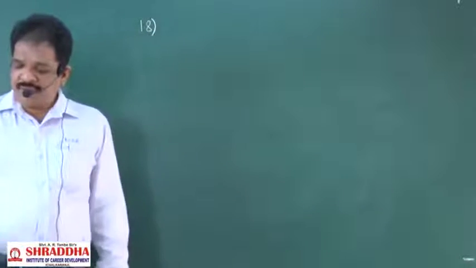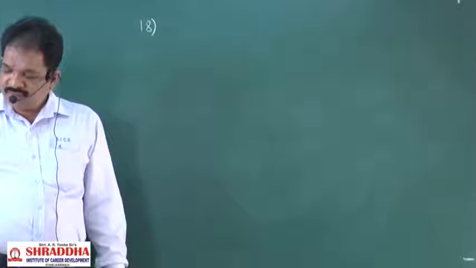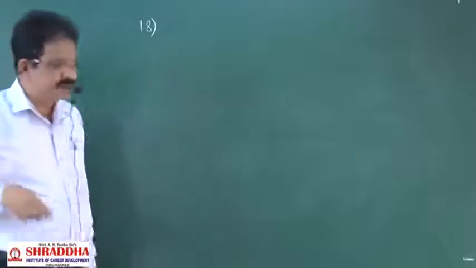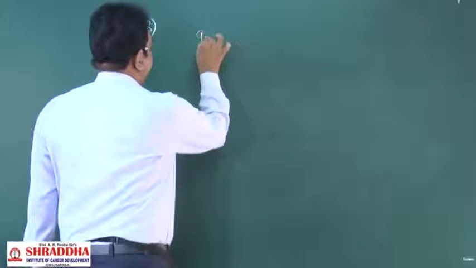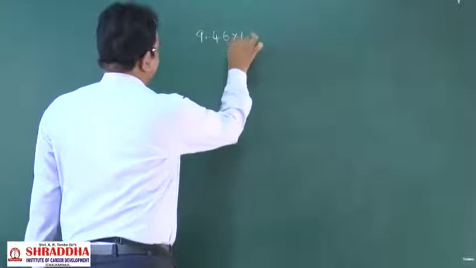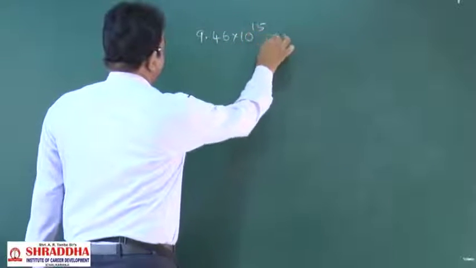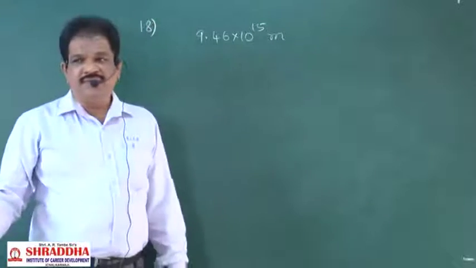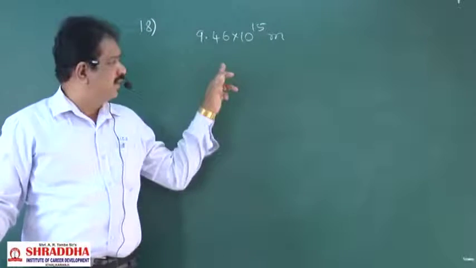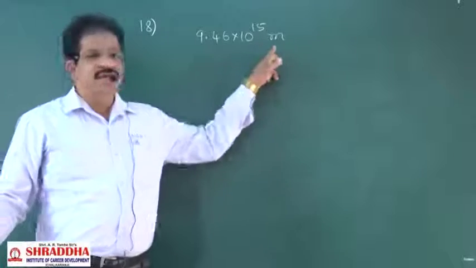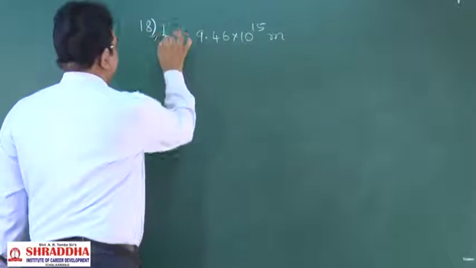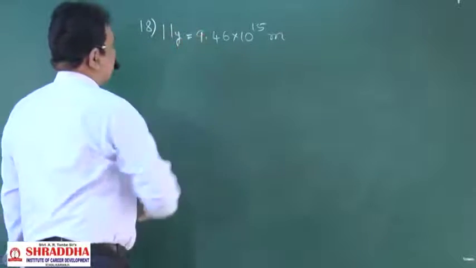See the problem number 12. 1 light year is equal to how many meter means 9.46 into 10 power 15 meter. This is the value of light year.